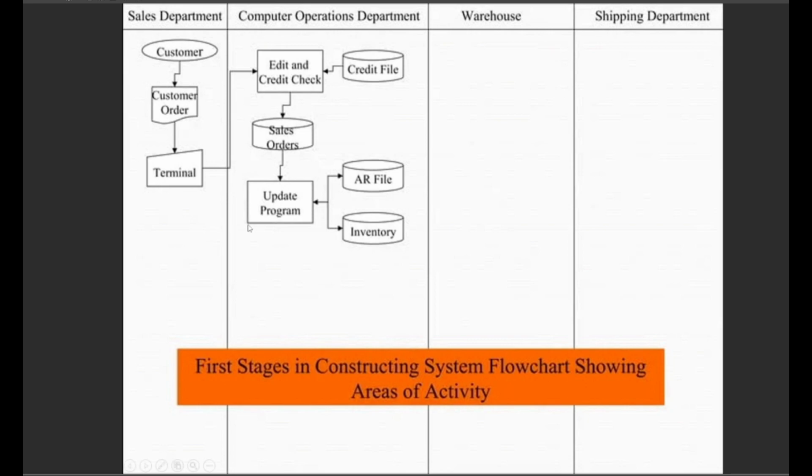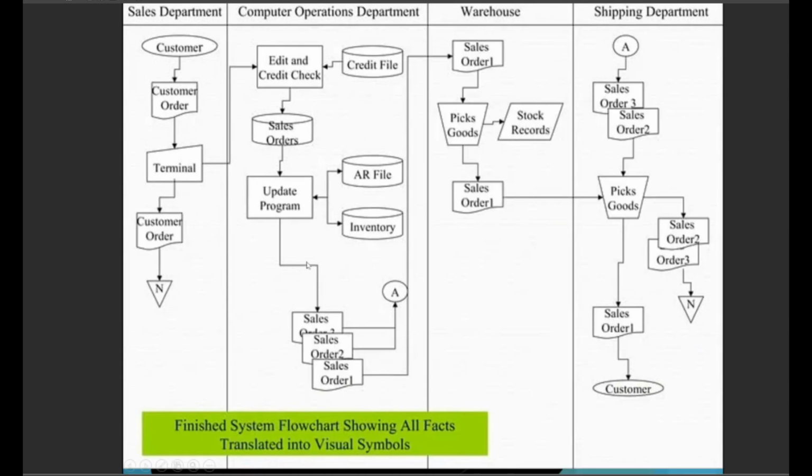Okay, so if we continue these stages here, we'll have this one here. We stopped at the terminal, but after confirming the order of the customer, the sales department will inform the customer and duly note that.